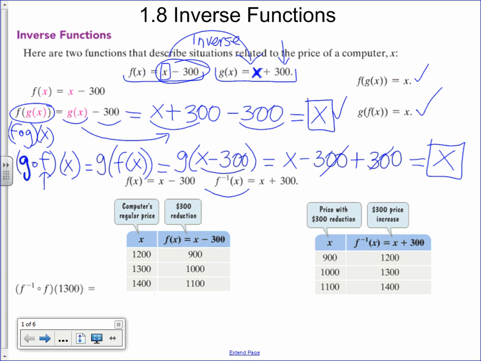And it's not that we're raising it to the power of -1. It simply means f inverse of x. Okay, so the f to the -1 means f inverse. All right, we have a table of values here for you to see.